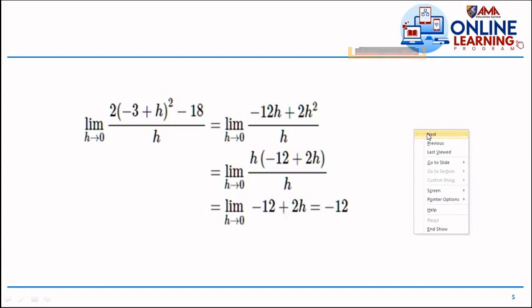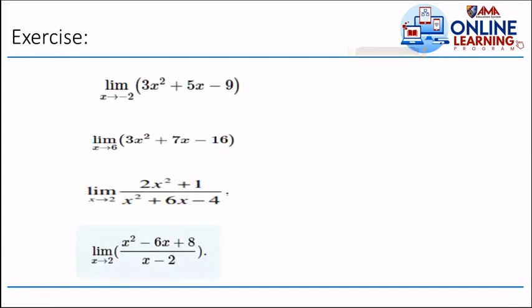Okay, now it's your turn, no? For 5 minutes. Limit 3x squared plus 5x minus 9 as x approaches negative 2. Limit 3x squared plus 7x minus 16 as x approaches positive 6. Limit 2x squared plus 1 divided by x squared plus 6x minus 4 as x approaches 2.